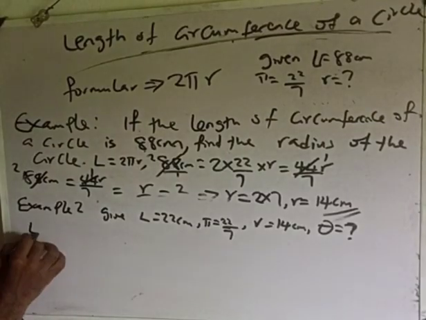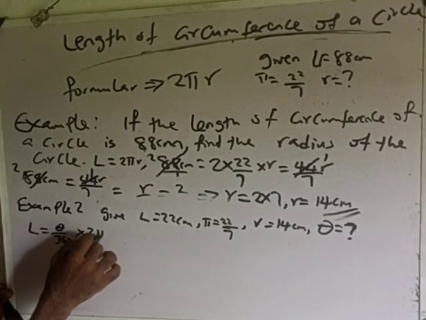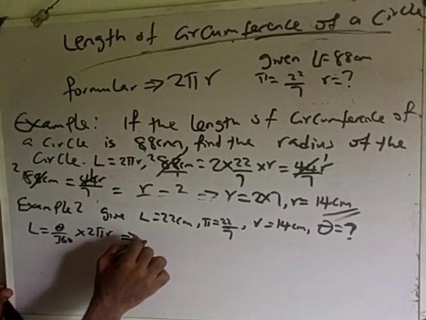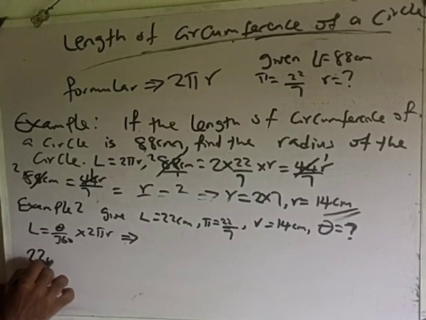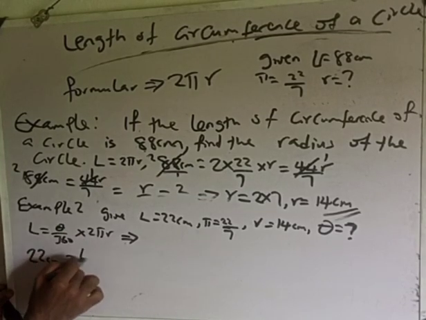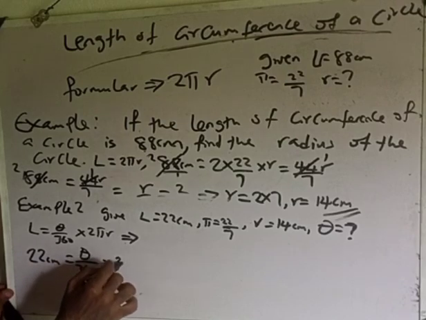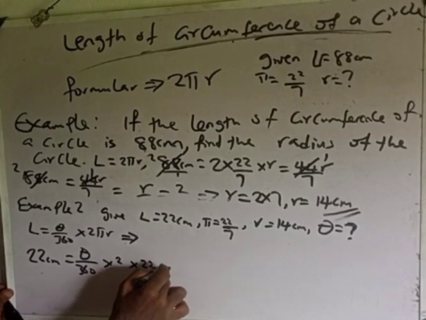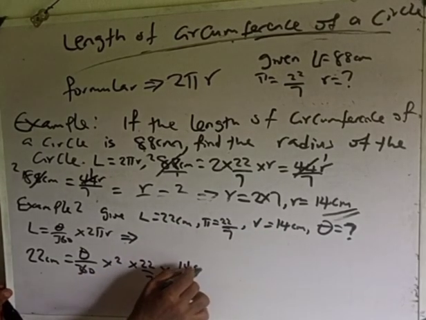We have that length of arc is equal to theta over 360 times 2 pi r, which will give us the same thing as, what is our length? 22 cm is equal to theta. We don't know what theta is. Over 360 times 2 times 22/7 times our r is 14, right? 14 cm.